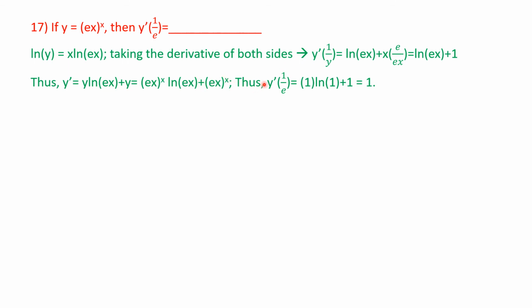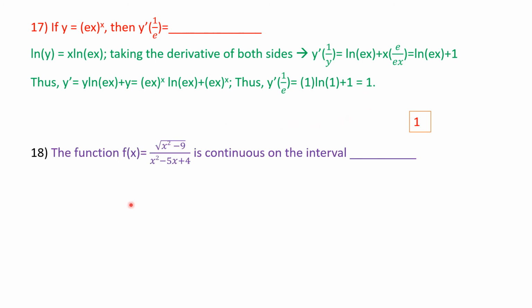Thus, if we evaluate y prime at 1 divided by e, we're going to get 1, and then ln 1, and then plus 1. And that will be reduced to 1. So the answer is 1. So that's the correct answer.